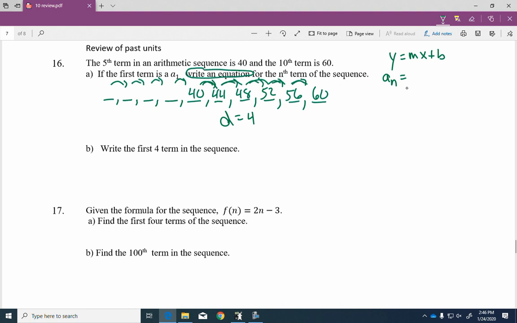And the rate of change is really your common difference. And we like to add on the 0 term. And that's the thing that maybe throws some people off, because this is the first term. There isn't a 0 term here. So I can back it up to that non-existent term.